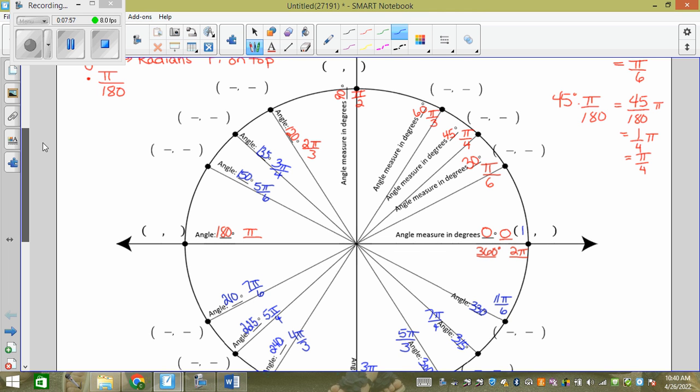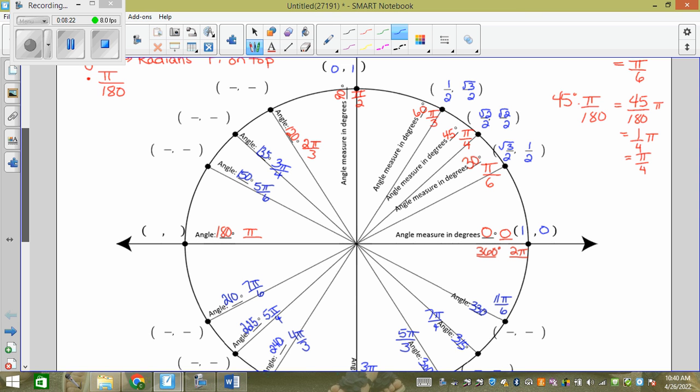This one should be 1, 0. This one should be root 3 over 2 and 1/2. This should be root 2 over 2, root 2 over 2. This should be 1/2 and root 3 over 2. This should be 0, 1. Everyone doing okay so far? Does everyone have those? Okay.